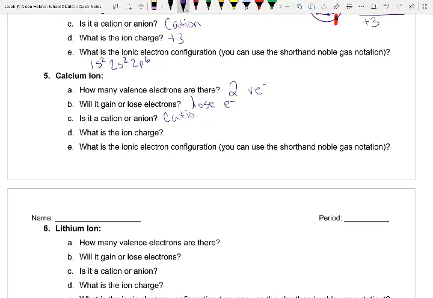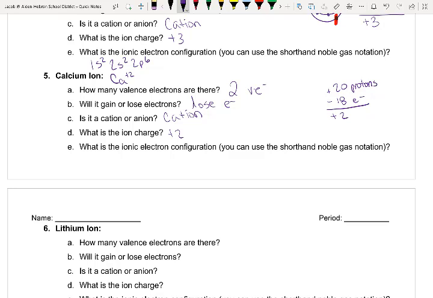It is a cation. All right, so if you think about it, calcium usually has 20 protons. We are losing 2 electrons, so that means we now only have 18 electrons. So it's going to have a positive 2 charge. So we can write that as Ca plus 2.